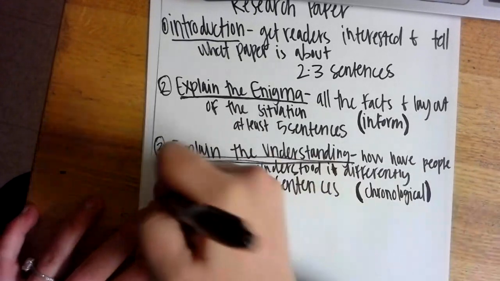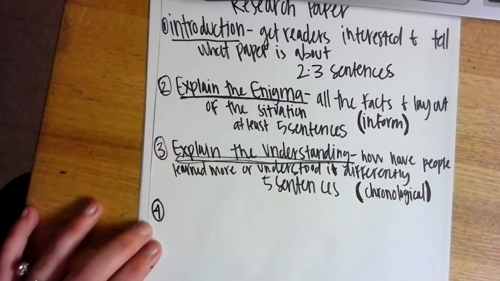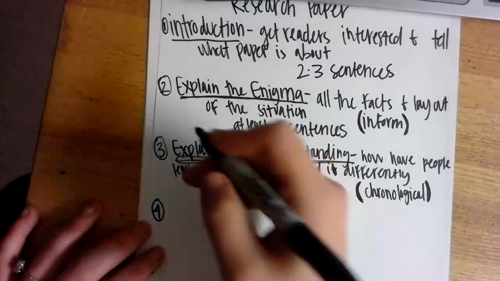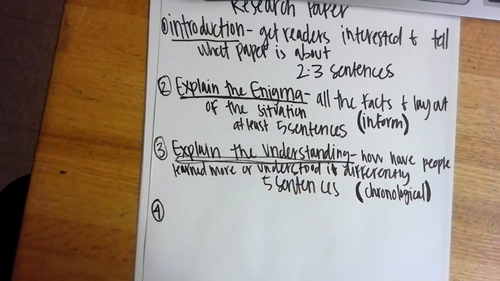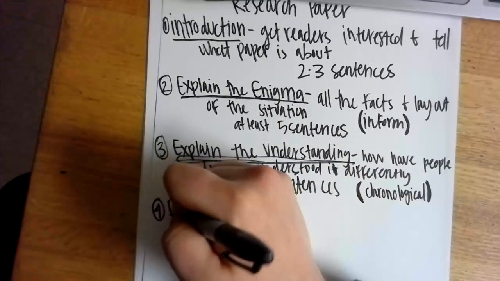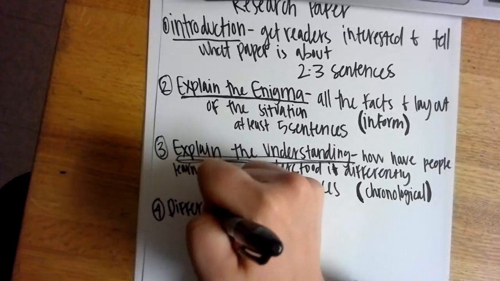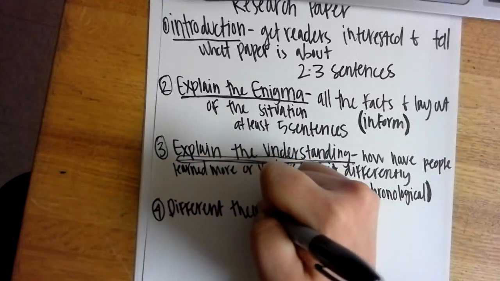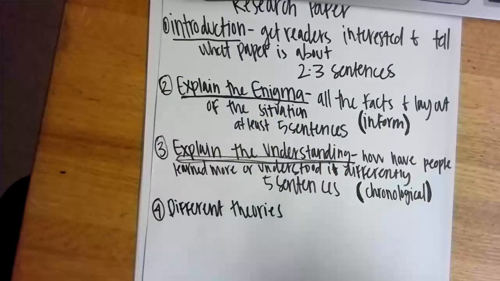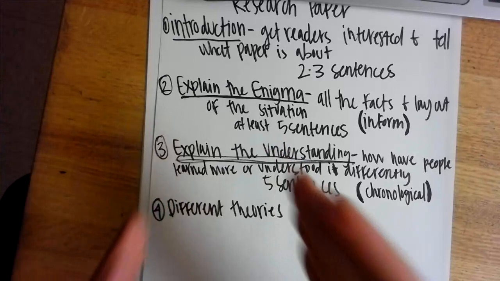And then your next paragraph, you're going to talk about the different theories. Okay. So theories would be like the thoughts of people and what they think happened. So with different enigmas, people have different ideas of what happened depending on their perspective and their beliefs.